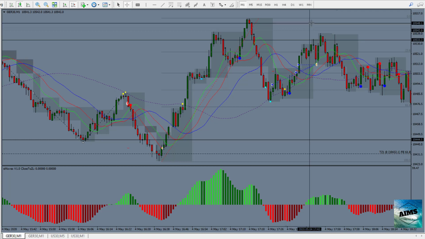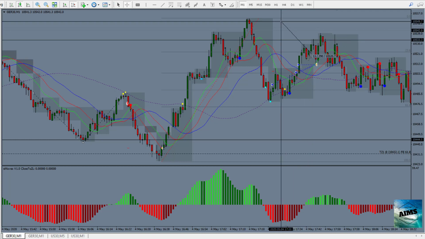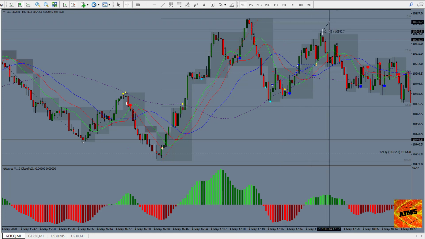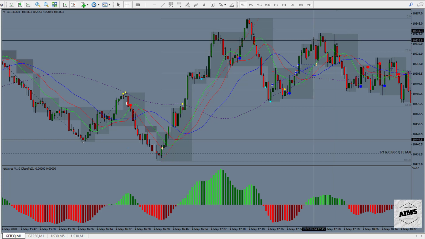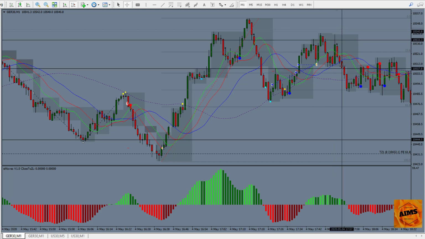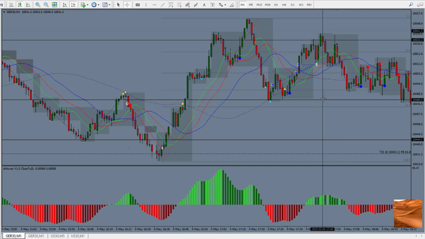So if I was targeting at least this level, if it got to that, that would be plus 38, plus 45, plus 56. This was good enough, but it didn't do it. Not around here, and dropped. So that's it. It was a small profit, but it's better than giving it all back. It's very important.